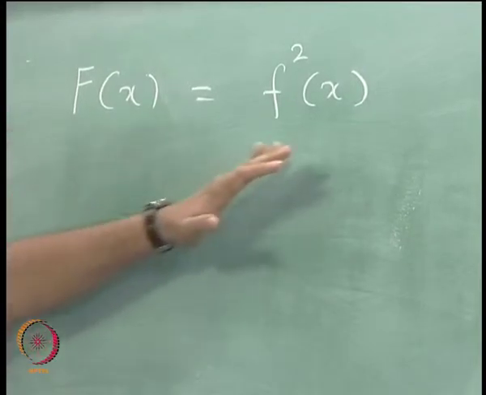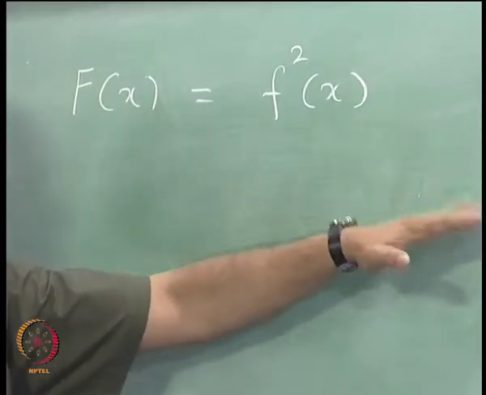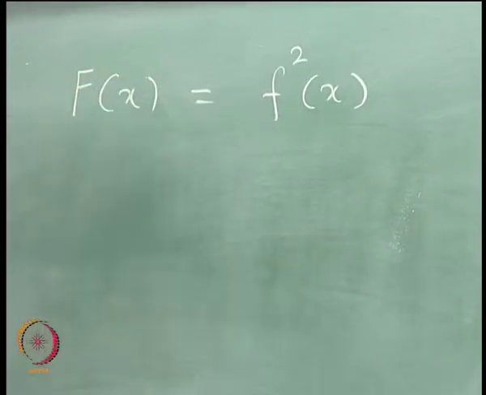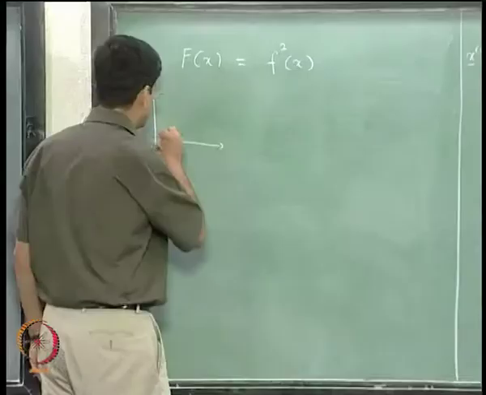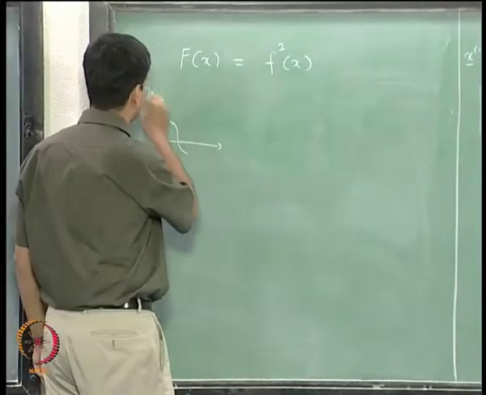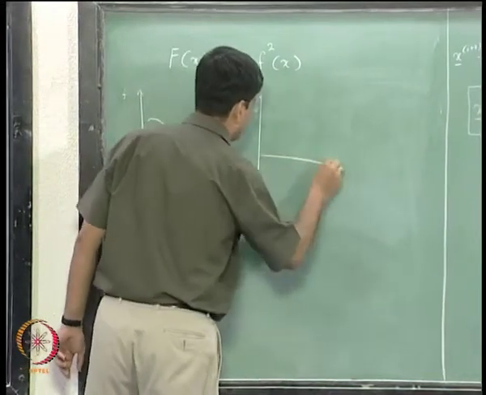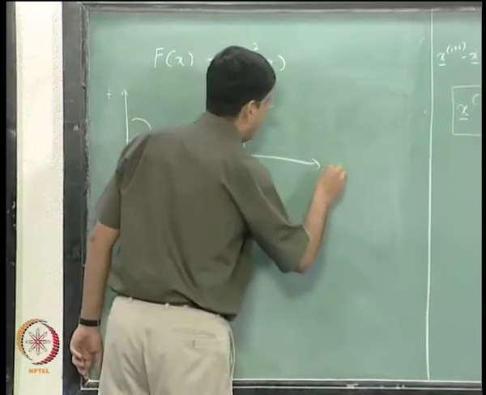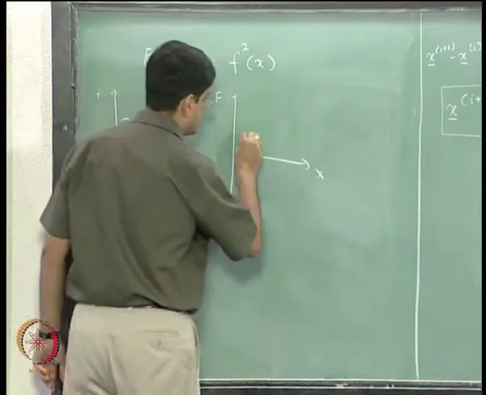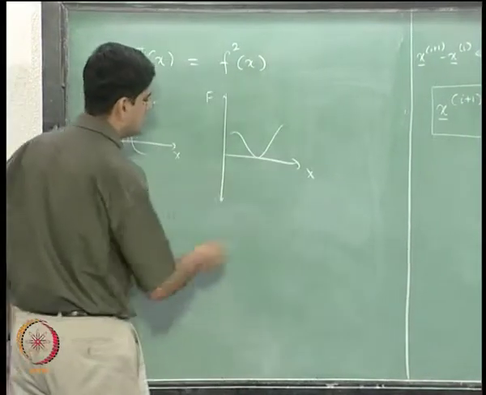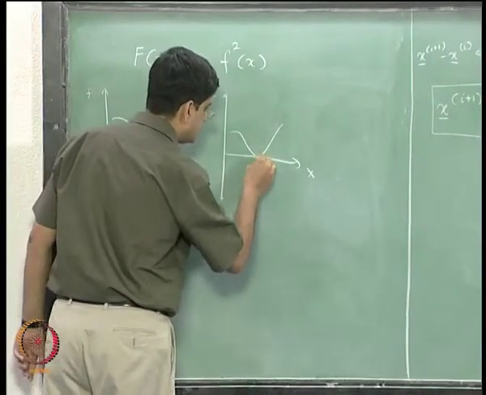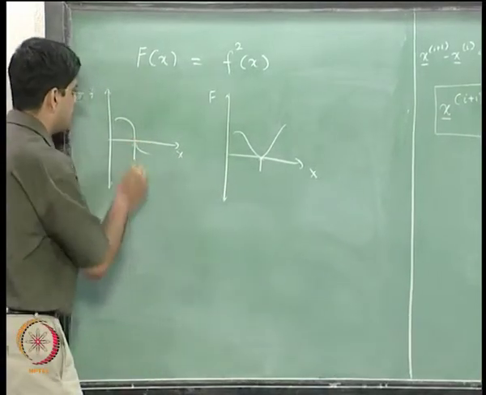For all other values of x, capital F of x is going to be positive. So, for example, for a general function of this sort, if this is f versus x, our capital F versus x is going to be something like this, where this and this are the same values.